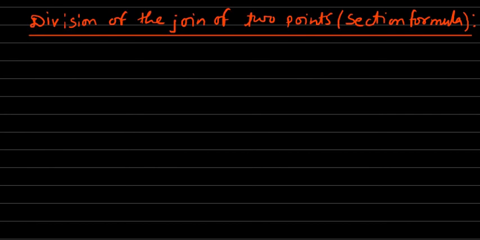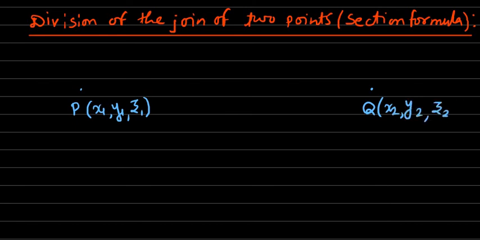Now let us suppose that there are 2 points in the space, and those points are point P having its coordinates x1, y1, z1. Suppose this is one point in the space, and the second point is suppose Q having its coordinates x2, y2, z2.